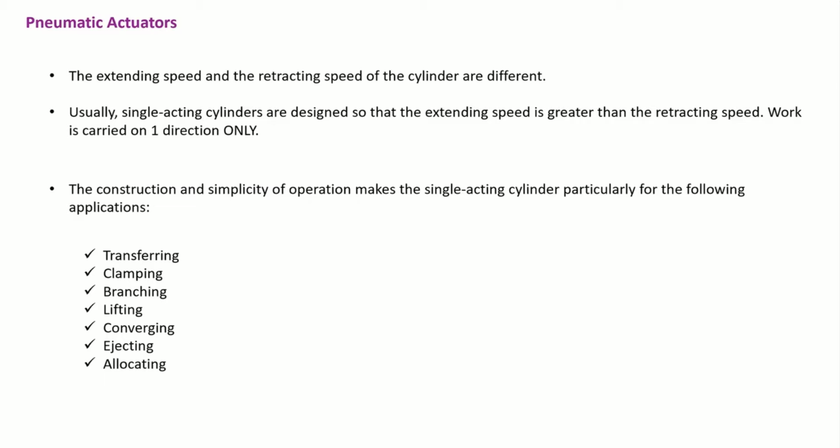And as I discussed in the previous lab and also here, work is carried out in one direction only. So why do we use a single acting cylinder? There are many reasons behind it. The construction and simplicity of operation make the single acting cylinder very useful for applications such as transferring, clamping, branching, lifting, converging, and allocating.